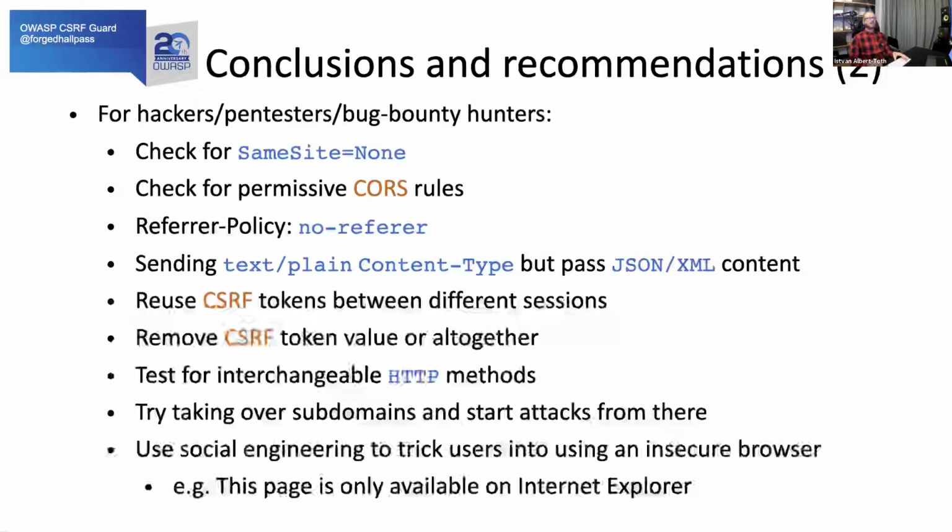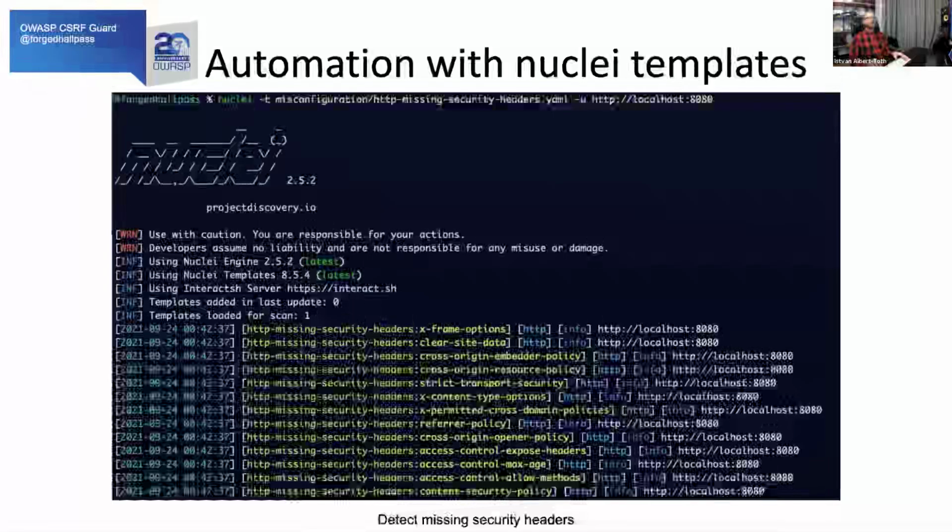Reuse CSRF tokens between different sessions or remove the token itself altogether. Try to interchange HTTP methods. Try subdomain takeovers and start your attacks from there. Or you can try using social engineering to trick users into using an insecure browser. This page is only available on Internet Explorer or something like that.